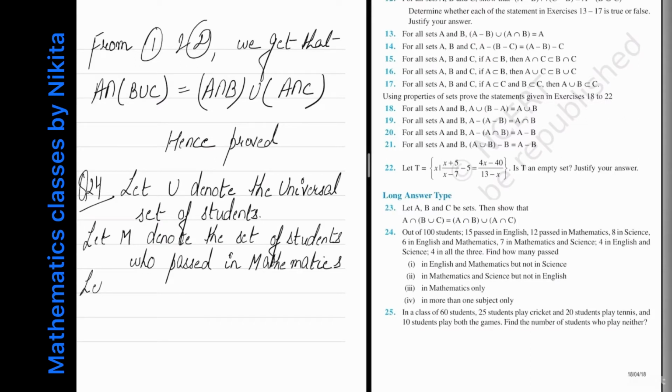And similarly let S denote the set of students who passed in science, and let E denote the set of students who passed in English. So this is how I have defined the sets.